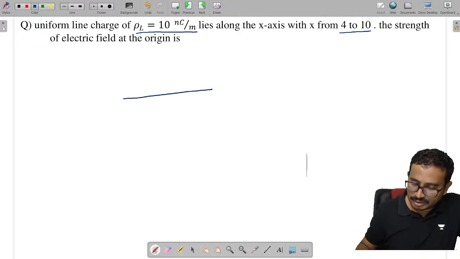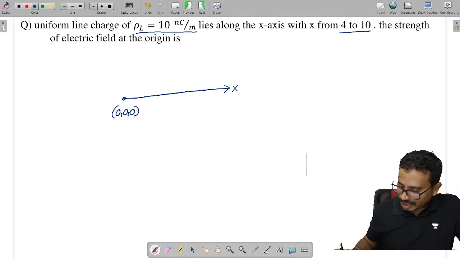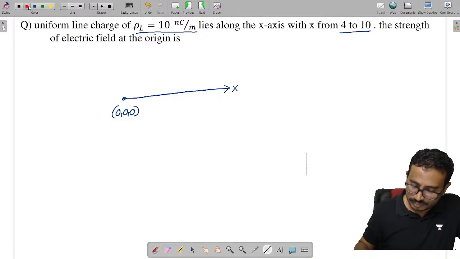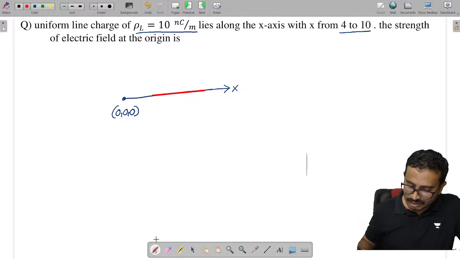Let us say this is my x-axis, here this is my origin, and I have a line charge. This is my line charge.